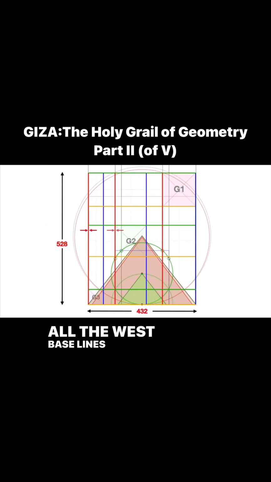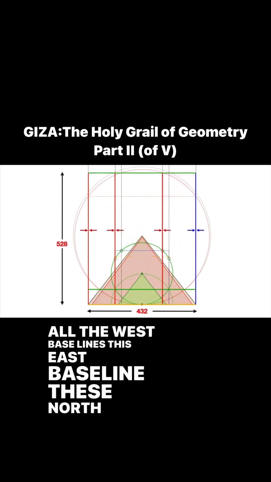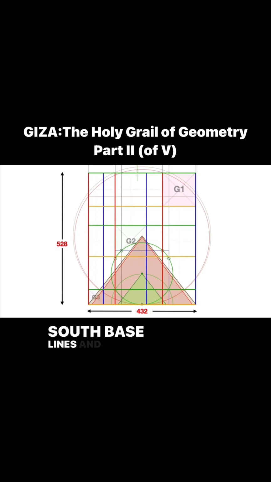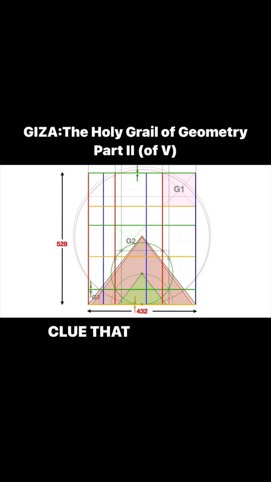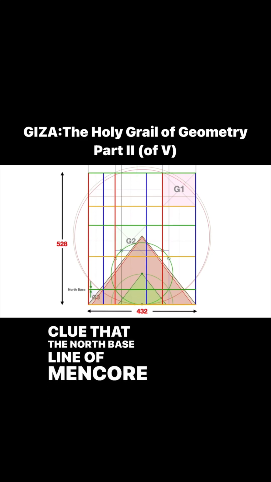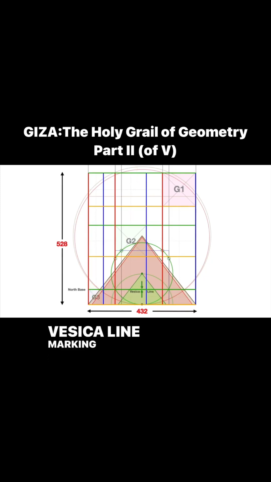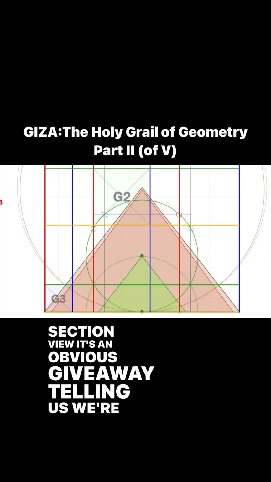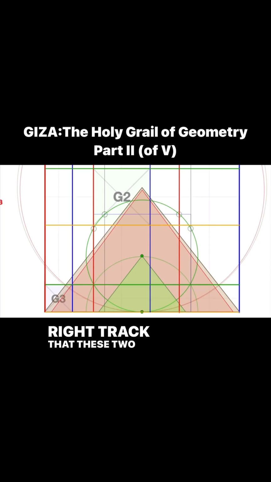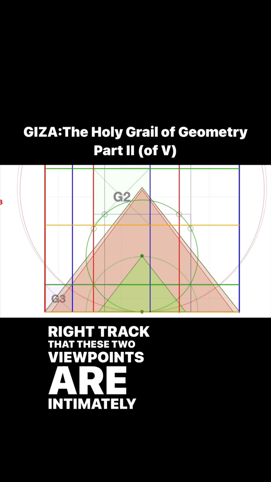All the west base lines, this east base line, these north and south base lines, and very specifically here, where we see a key clue that the north base line of Menkaure overhead view is the vesica line marking the center of Menkaure in the cross-section view. It's an obvious giveaway, telling us we're on the right track, that these 2 viewpoints are intimately tied together.